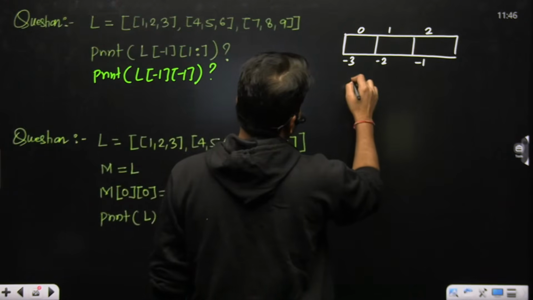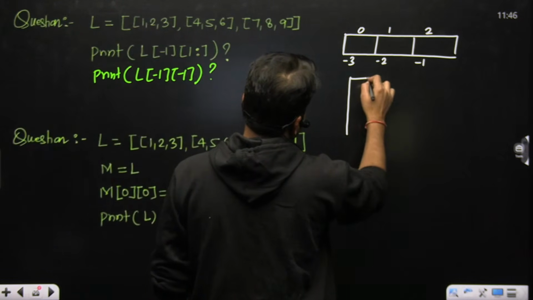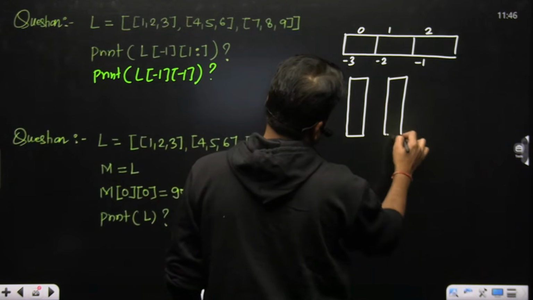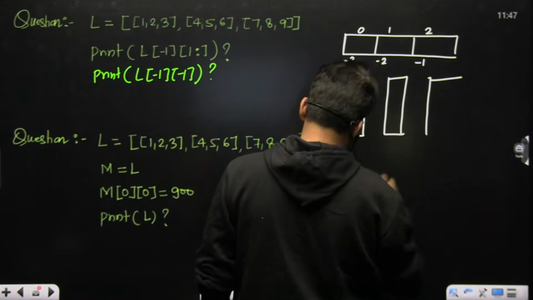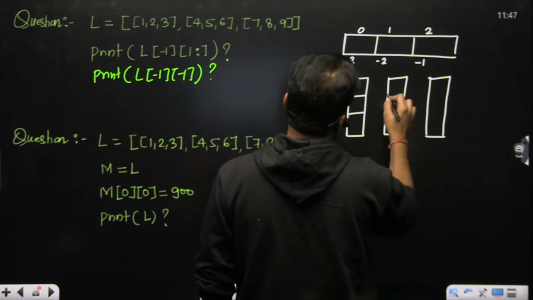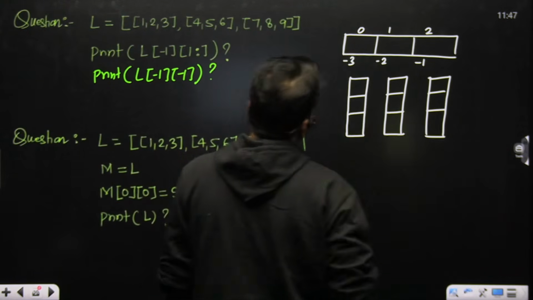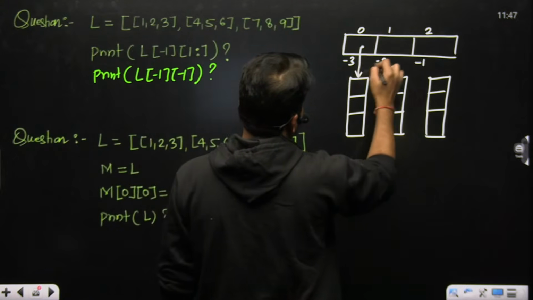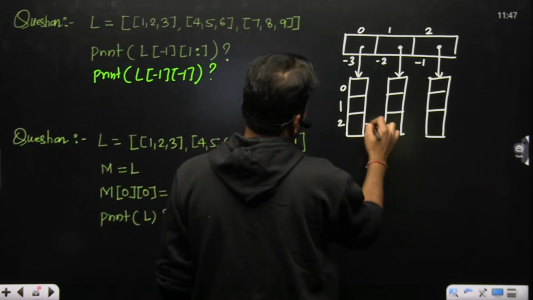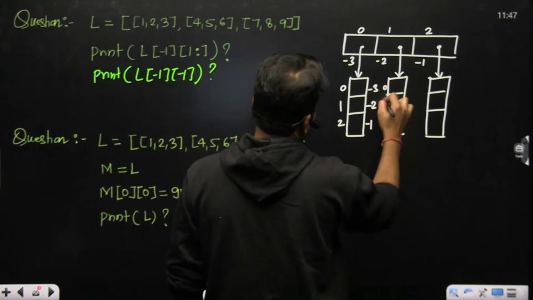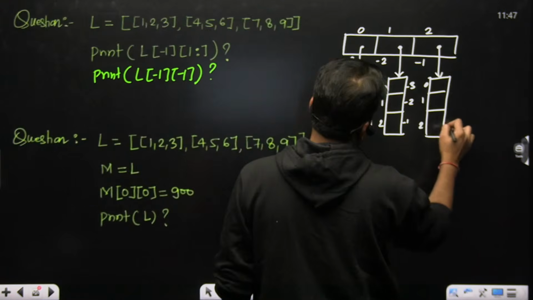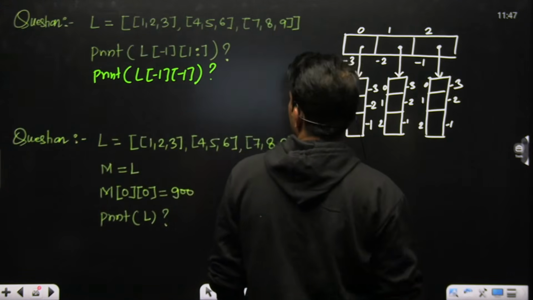Okay. The first value is what, sir? 1, 2, 3.